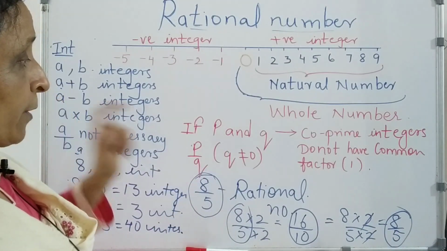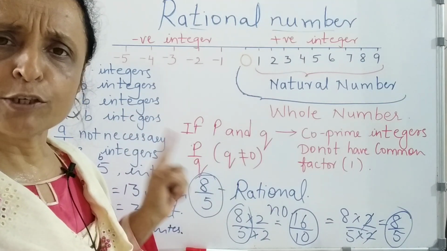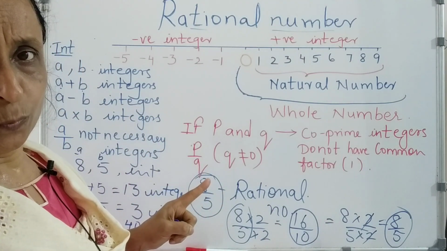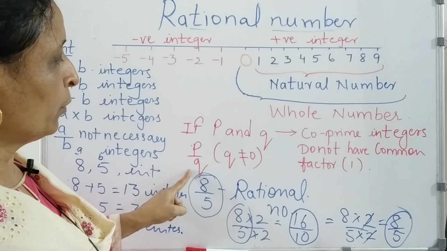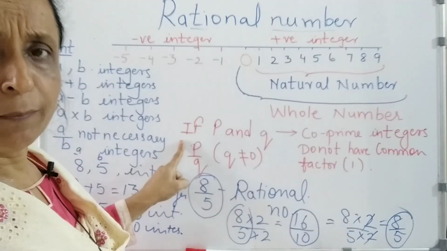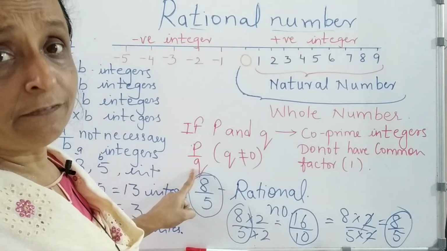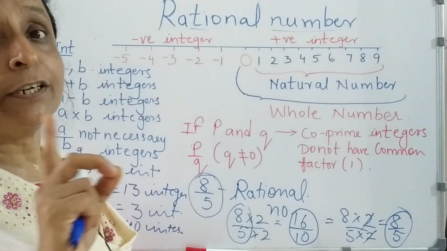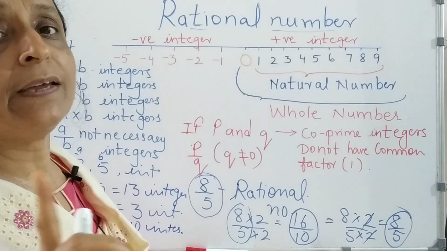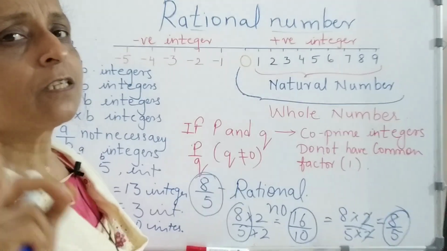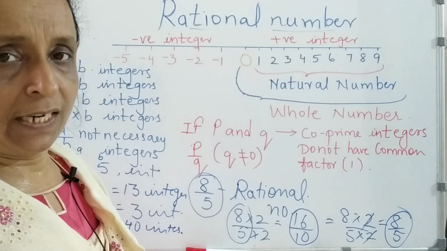Now always remember, whatever value you give to P or Q, P can be a positive or negative integer, Q has to be a positive integer, and it should never be equal to 0, because any number divided by 0 becomes meaningless.